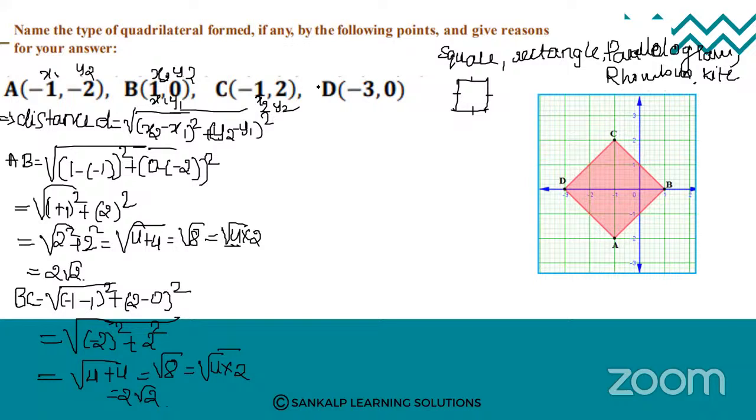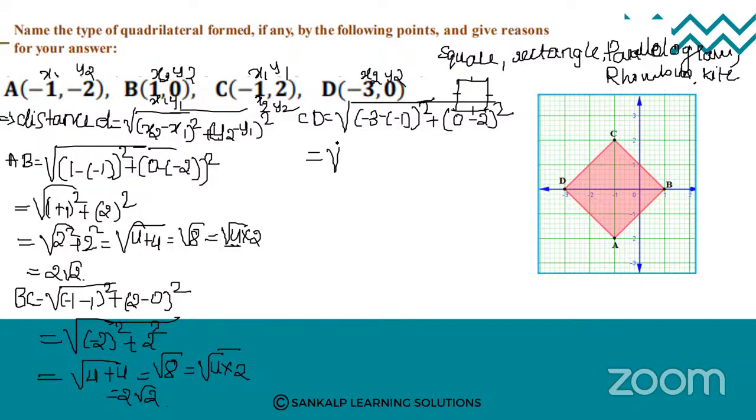Okay. So next, find out the distance between CD. To find CD, this is x1, y1 and this is x2, y2. So the x2 value is minus 3 minus of minus 1 whole square plus y2 is 0 minus 2 whole square, right? Now minus 3 minus into minus is plus 1 whole square plus 0 minus 2, that is minus 2 whole square.